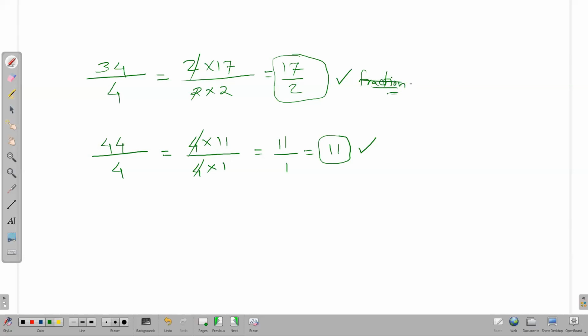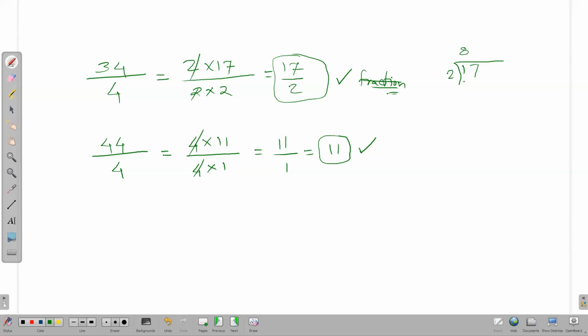Here I got something where, if you divide it, there is some remainder coming. Suppose you are dividing 17 divided by 2. What do you get? 2 goes 8 times.